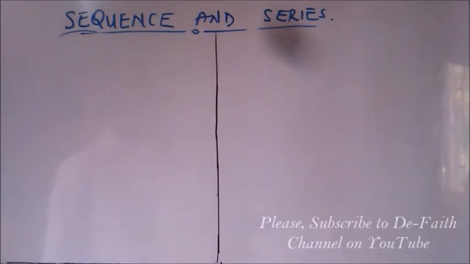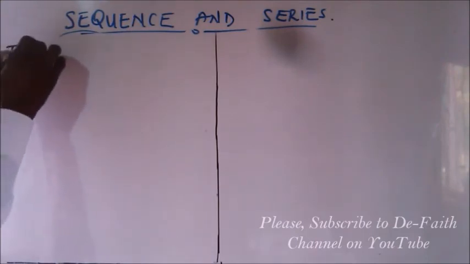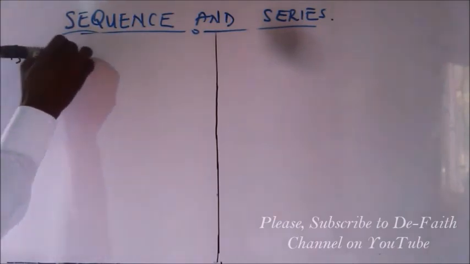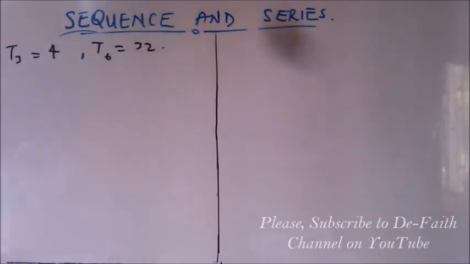Here's the next question, which says the third term of a GP is 4, while the sixth term is 32. Find its common ratio. Over here, we have the third term of a GP to be 4 and the sixth term equal to 32. We have to find its common ratio.